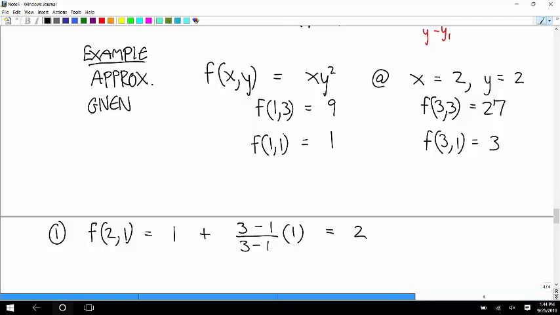And so we'll get 2. Any questions about the first step?